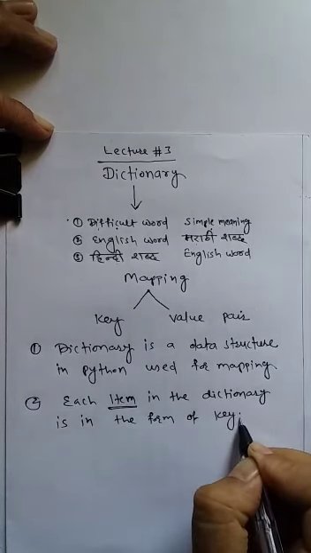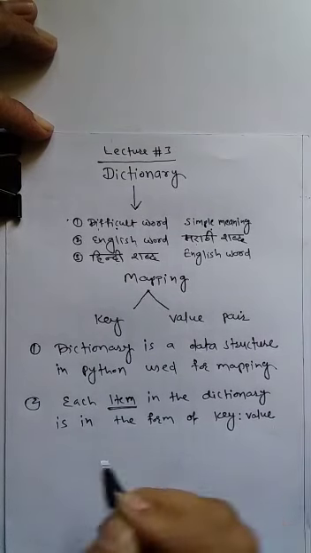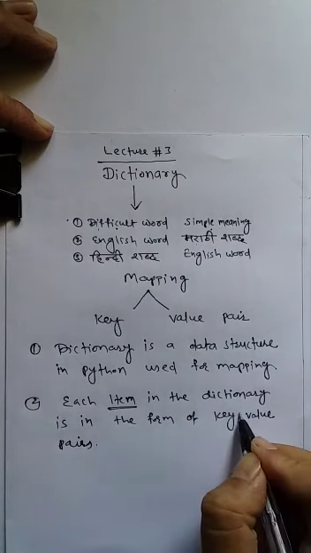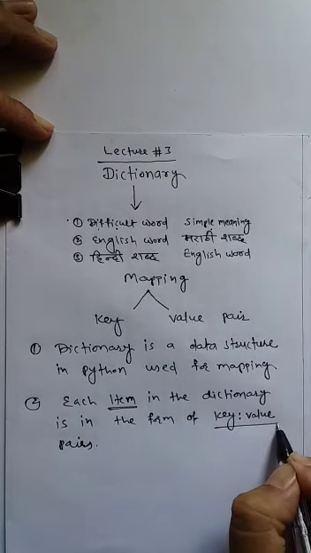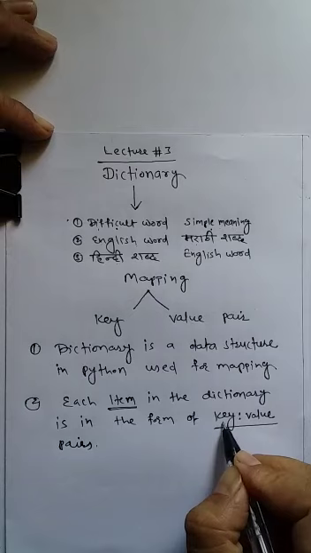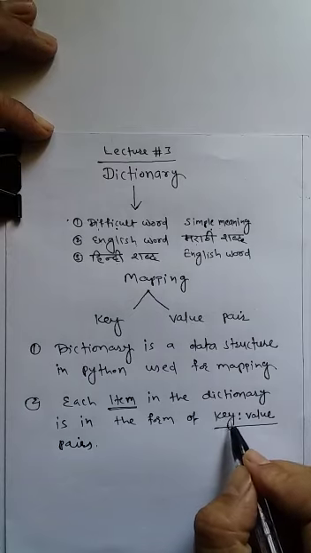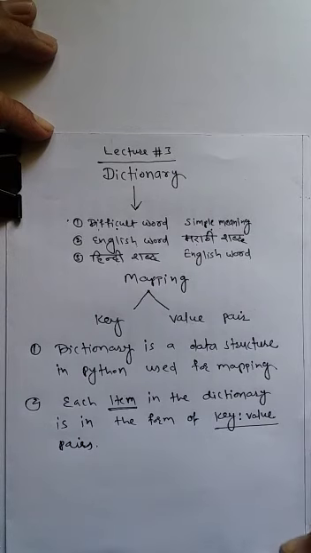key value pair. Now remember, in between key and value, I have given a colon. This colon is used to separate key from its value. In a dictionary, key means that word and value means its meaning.